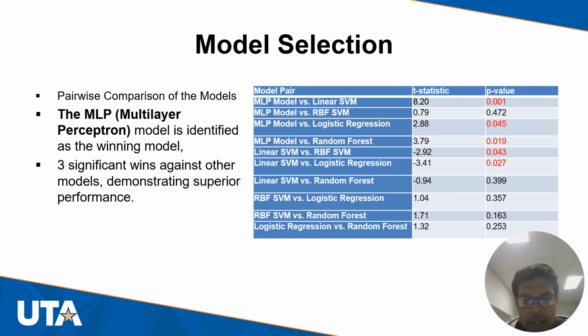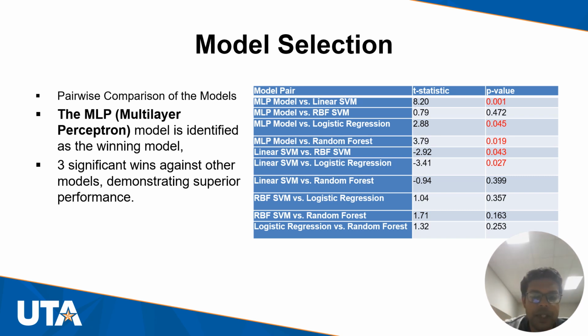And for the third one, MLP and logistic regression, MLP performance was found significantly better than logistic regression with a p-value of 0.045. There are several other occasions where MLP won. In total, there were 3 significant wins for MLP.